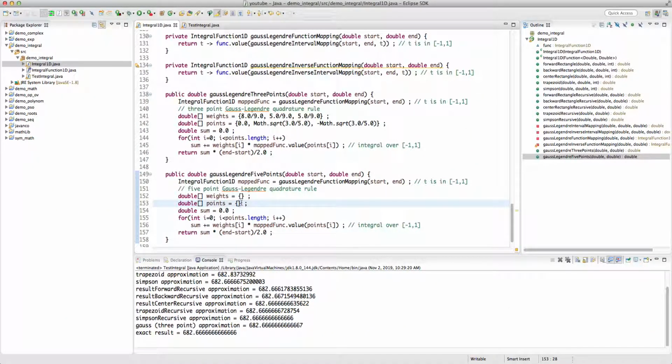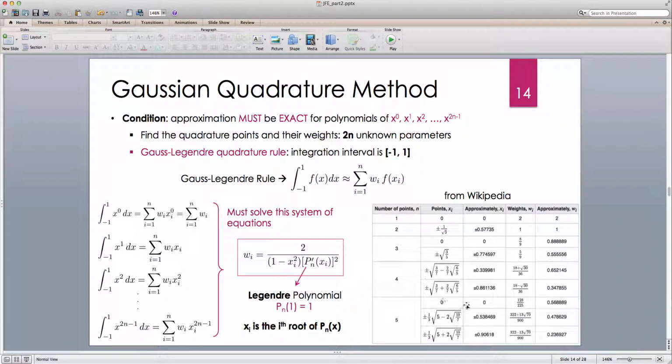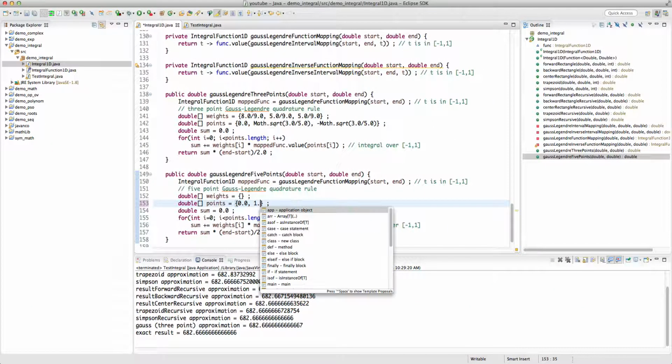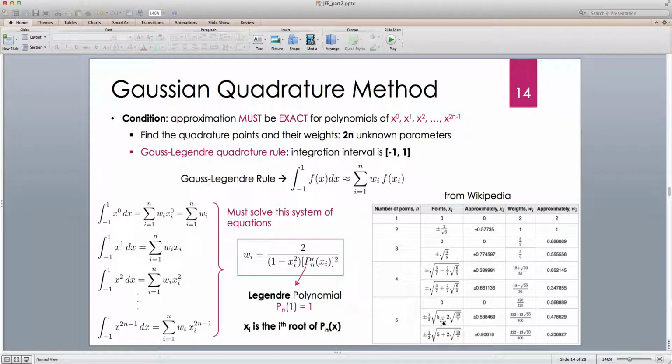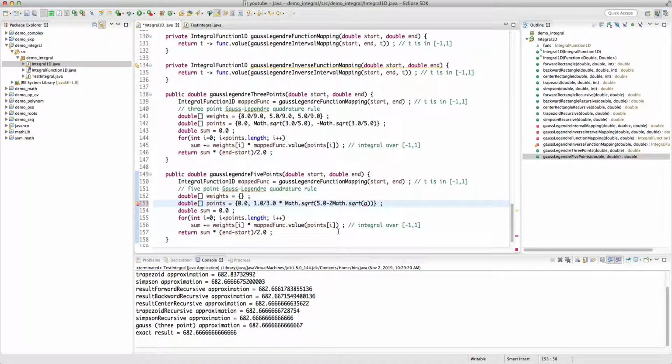So one of the points is 0, the other point is 1/3 square root of 5 minus 2 times math dot square root of 10/7. And that's one of the points. The other point is the negative of this one.